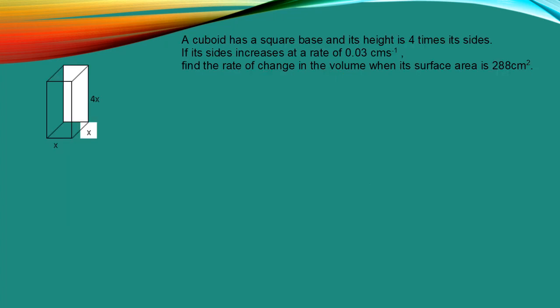Next example, we have a cuboid with a square base and its height is 4 times its side. So we have a cuboid here with a square base, meaning if one side is x, the other side is x, and the height is 4 times its side, meaning the height is 4x.